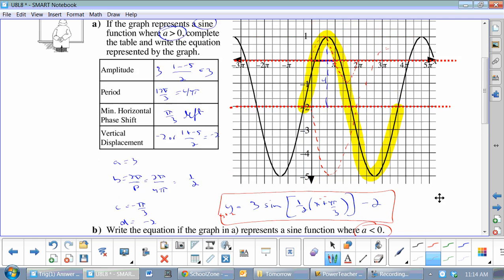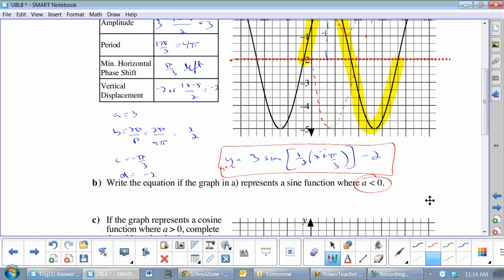Minimum phase shift would be 5 pi over 3, right. Okay? So we would get y equals negative 3 sine of 1/2 times x minus 5 pi over 3, all minus 2. So remember, these are the same.